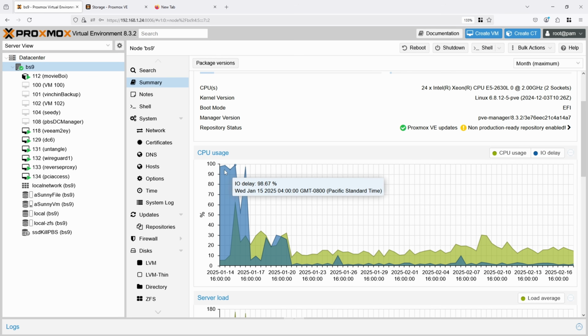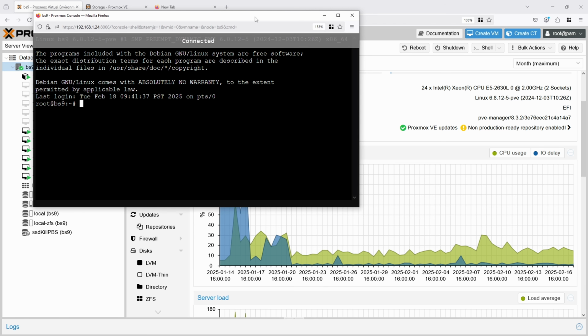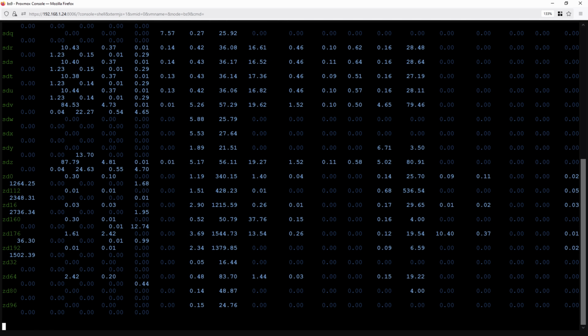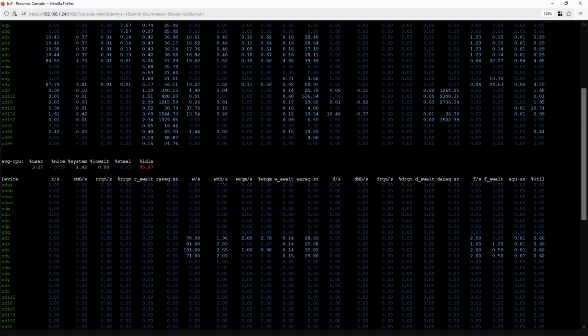If I'm in a situation like I had a month ago where the I/O was shooting up, what I like to do is to open up the shell on the system and use tools like iostat -xm 1. This is part of the sysstat package, so apt install sysstat to get this on your system. What this does that the I/O wait metric doesn't do is show you which disks you're actually spending your time waiting for.